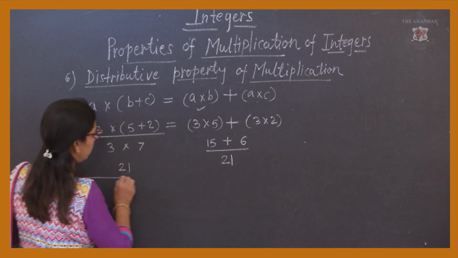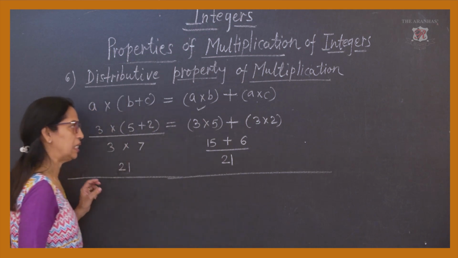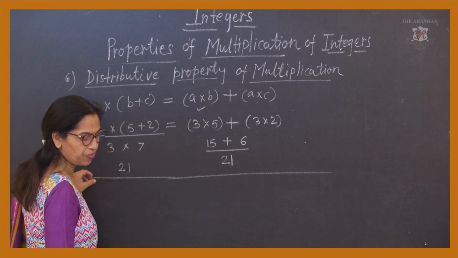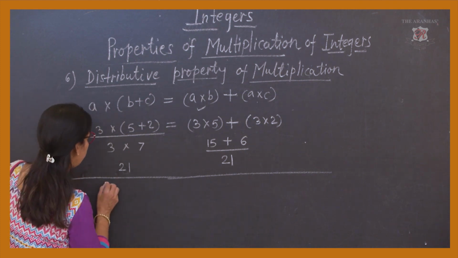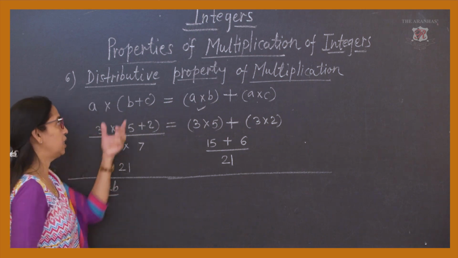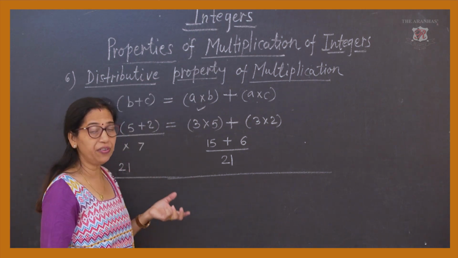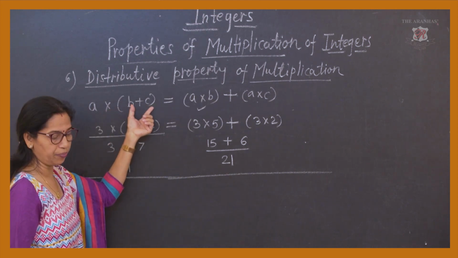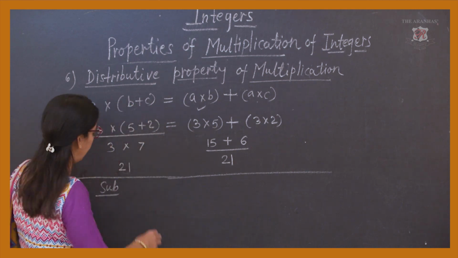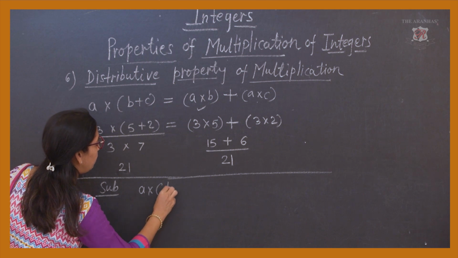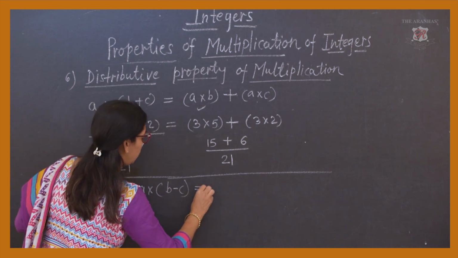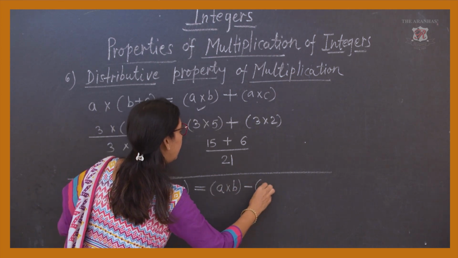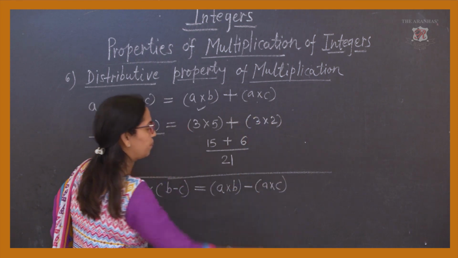Now for subtraction, again we will go and see the same distributive property over the subtraction. Now again for subtraction, when we consider the same property, we can write, if there are three different integers like a, b and c, a multiplied by b minus c gives you a multiplied by b minus a multiplied by c.